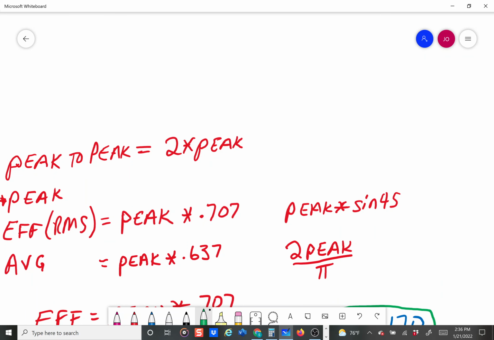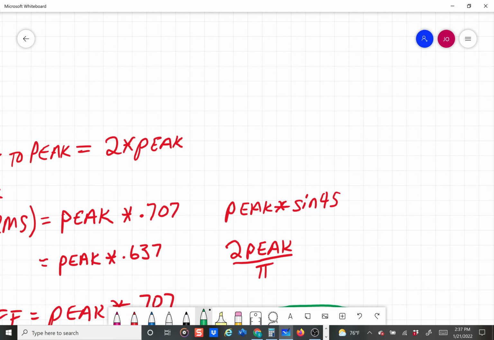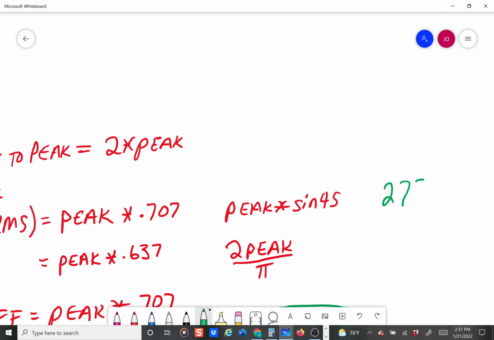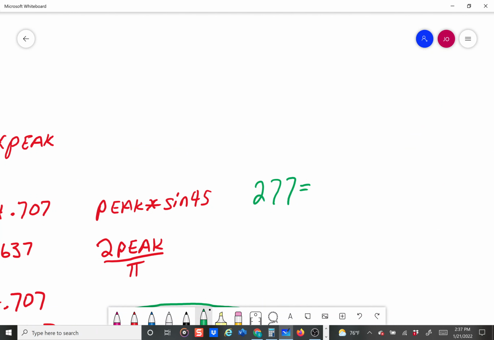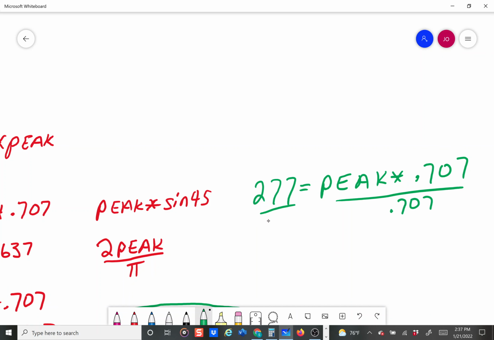Peak to peak is just peak times 2, and we're not going to get too wrapped up in that. So I have an effective voltage of 277. 277 effective equals peak times 0.707, which means we have to divide both sides by 0.707.